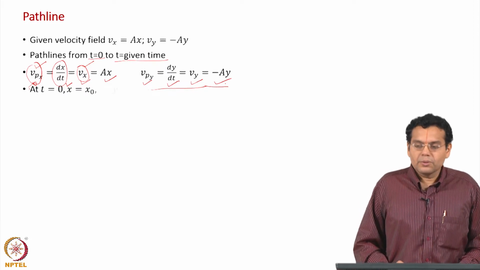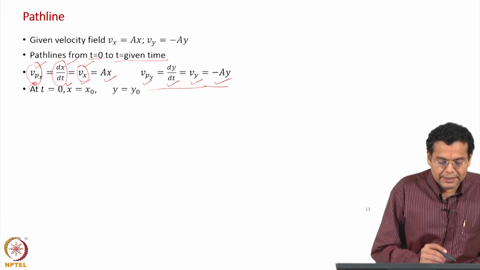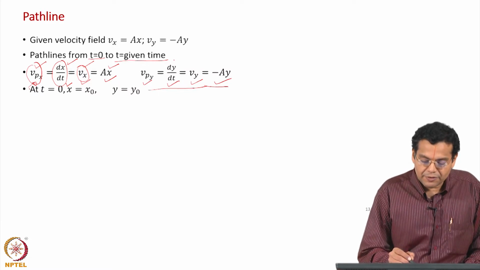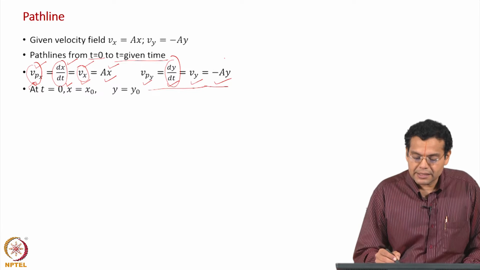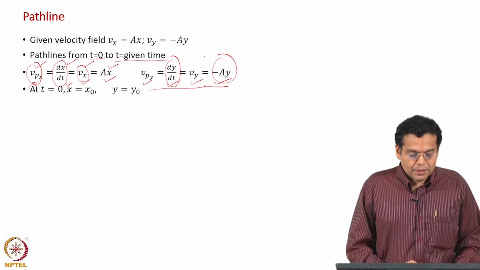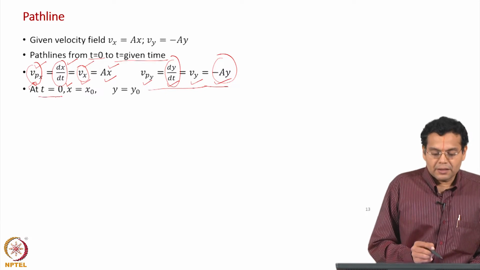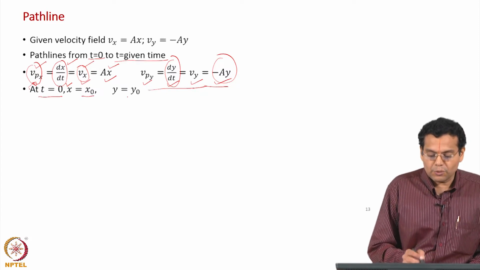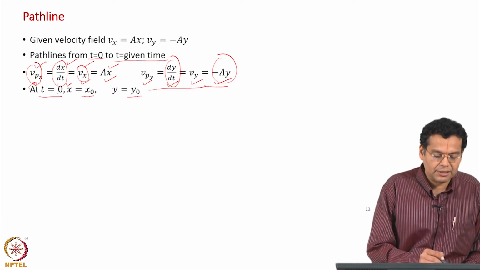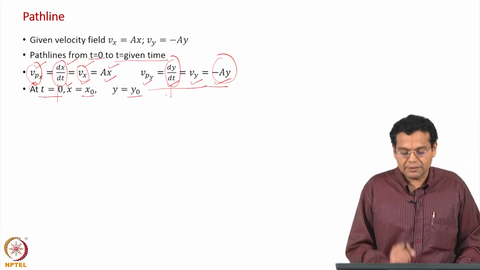Now, we have got two ordinary differential equations: dx by dt is equal to Ax, and another, dy by dt is equal to minus Ay. To solve them we need initial conditions. At time t equal to 0, the particle is at x naught and y naught. To solve a first order differential equation, we need one initial condition for each equation. That is what we are given in terms of the initial position of the particle.